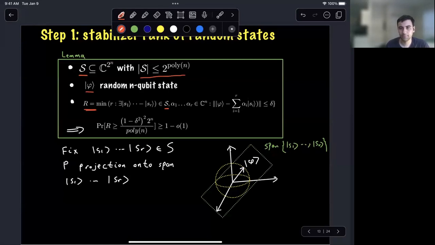I just replaced the stabilizer states with this arbitrary subset of n-qubit states S. And we have this result that the probability that this R is greater than 2 to the n over some polynomial in n goes to 1.